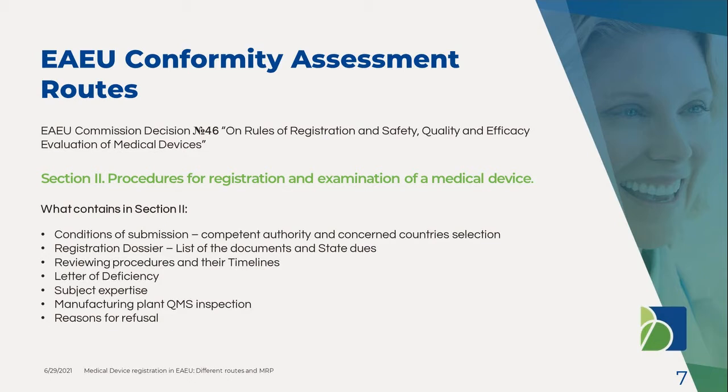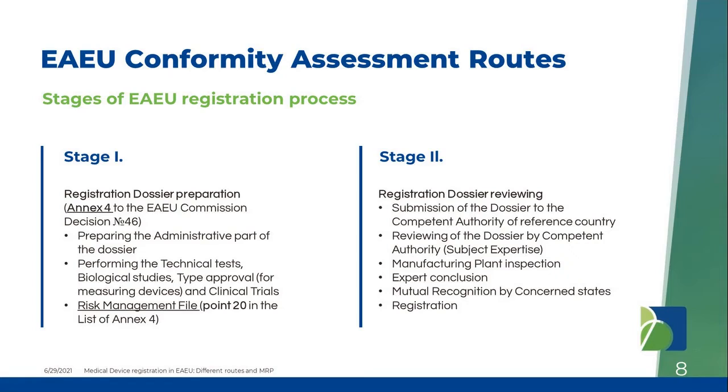As you can see, the decision number 46 on the rules of registration contains all the information on the registration process, but the detailed requirements to the technical testing, biological studies, and clinical trials are included in separate documents, and we will review them later.